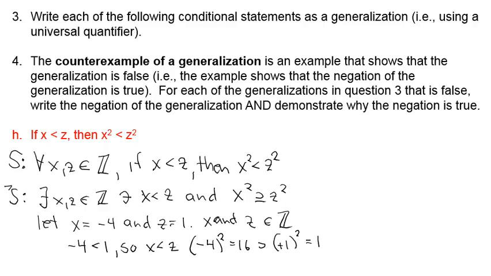So there exist integers x and z where x is less than z, but x squared is greater than, actually, greater than or equal to z squared.